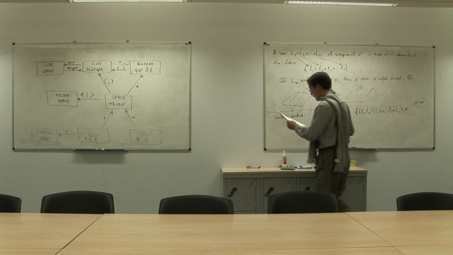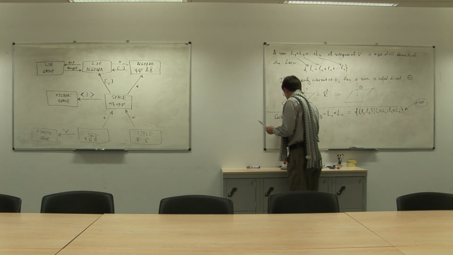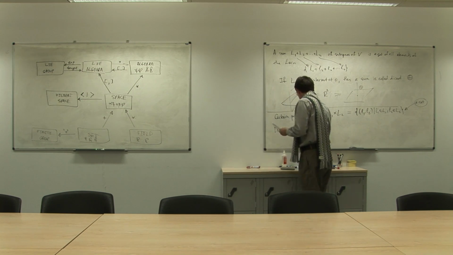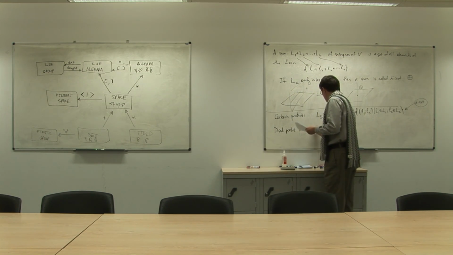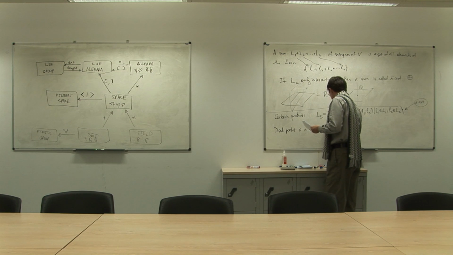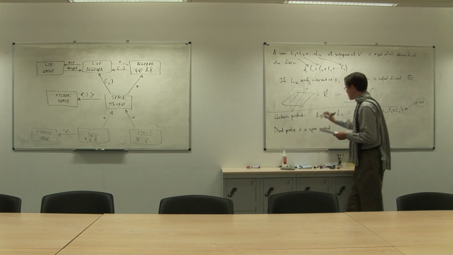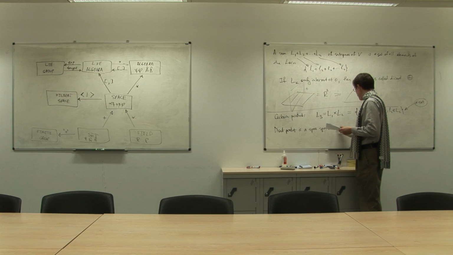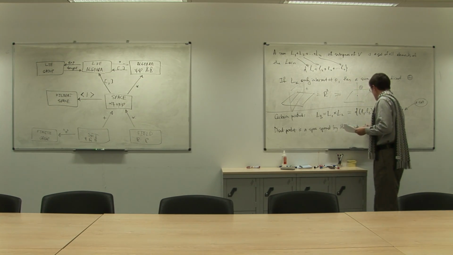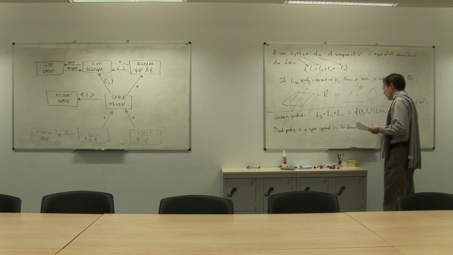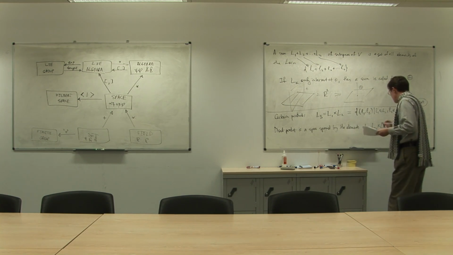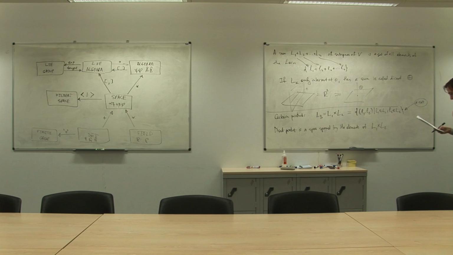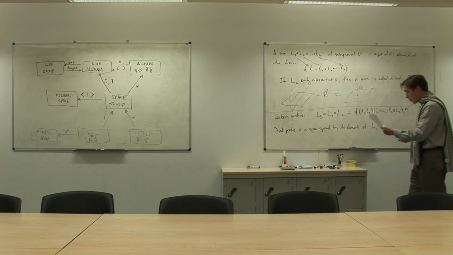So, a space is a space spanned by the elements of the Cartesian product of L1 cross L2. So you've got a strict definition in the handout.